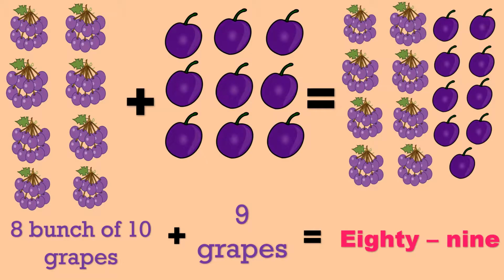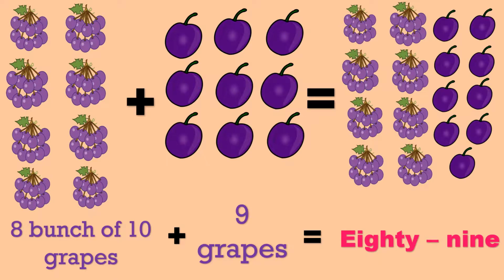Now we can see here 8 bunches of 10 grapes. 1, 2, 3, 4, 5, 6, 7, 8. Add 9 more grapes. 1, 2, 3, 4, 5, 6, 7, 8, 9.